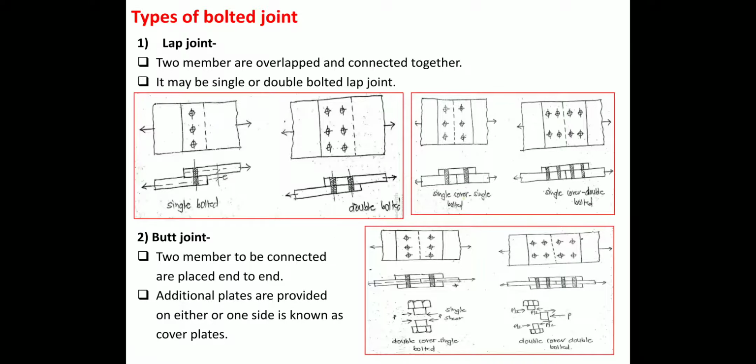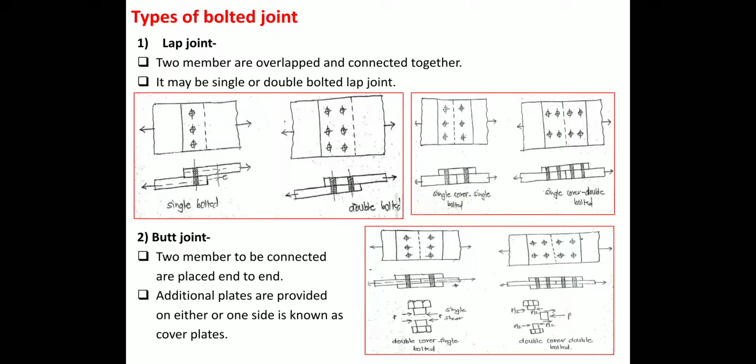Then additional plates are required on either one side or both sides, known as a cover plate, because already we have studied that a cover plate may be required on either side or both sides.